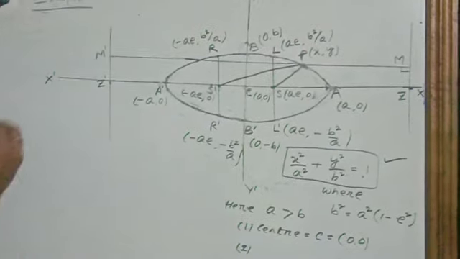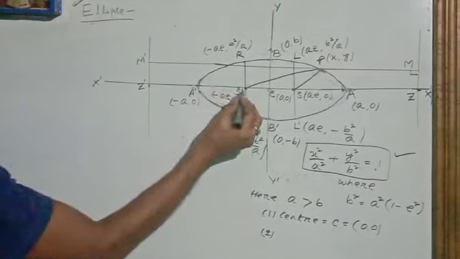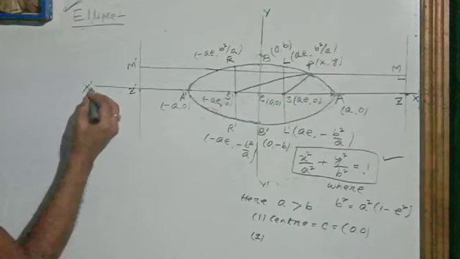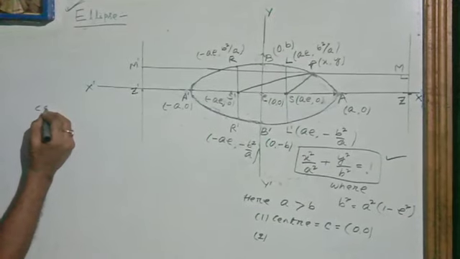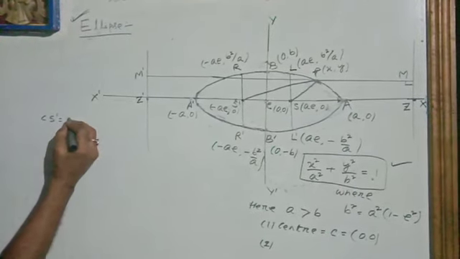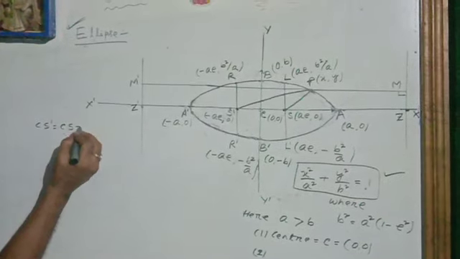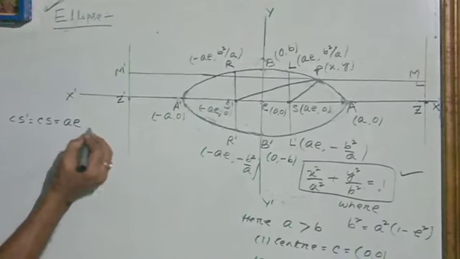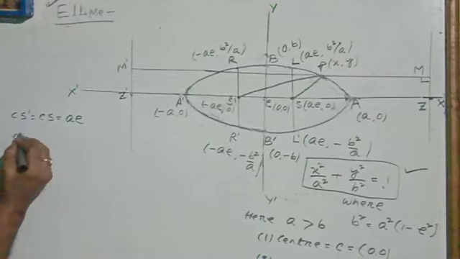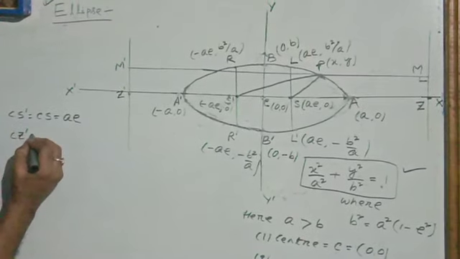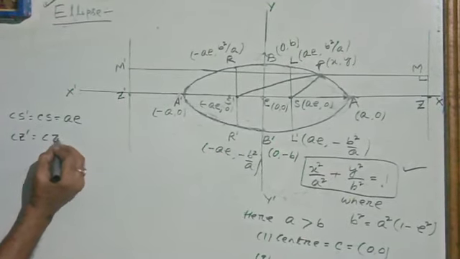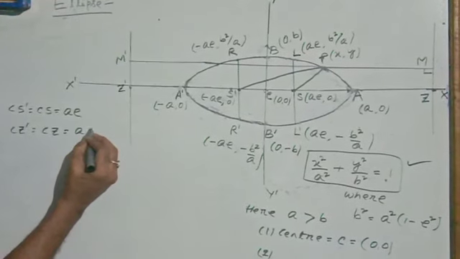So first of all we will take 2 points S dash and Z dash on CX dash such that CS dash is equal to CS is equal to AE and CZ dash is equal to CZ is equal to A divided by E.